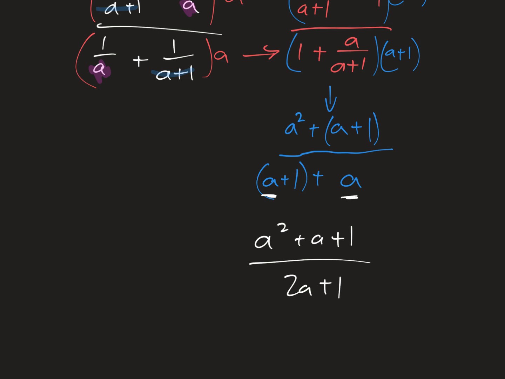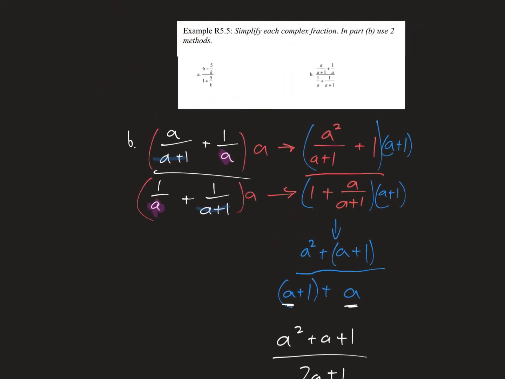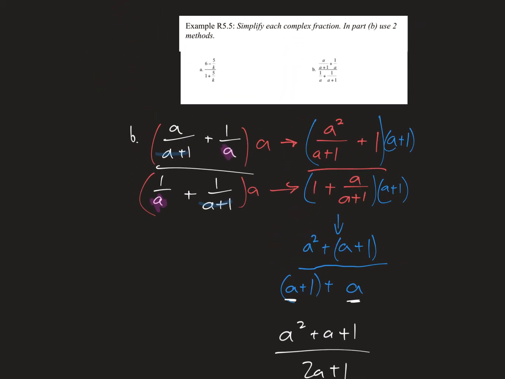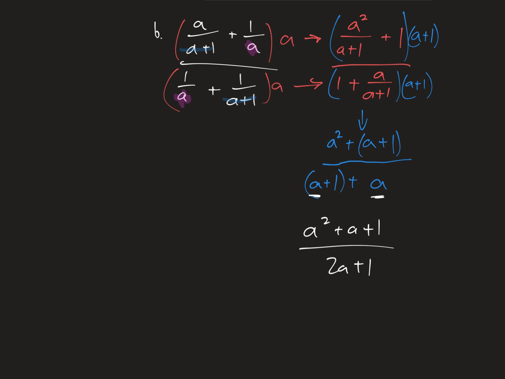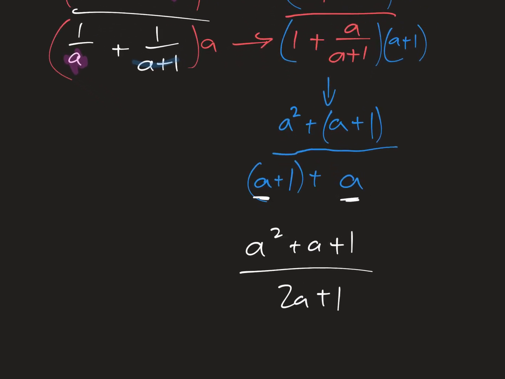So you could have started from the very beginning by multiplying by a times a plus 1 and multiplying both denominators at once to skip a step in this process. However, it can be a little bit messier and sometimes it's a little bit tricky to see, hey, which pieces are going to remain and which ones are not. So you can also take it with this approach where we cancel one denominator at a time.